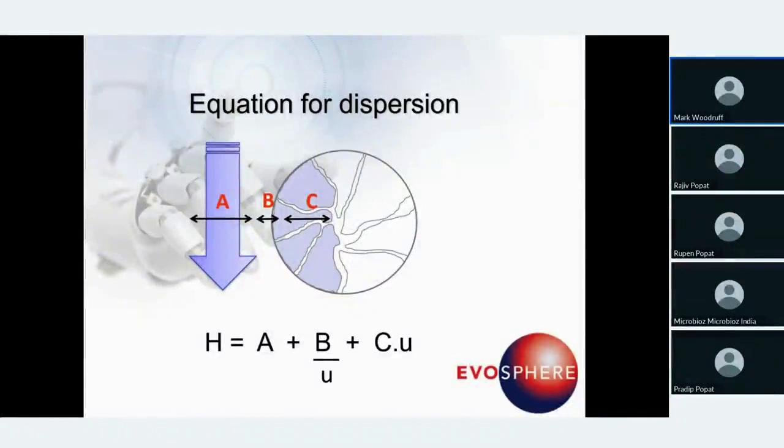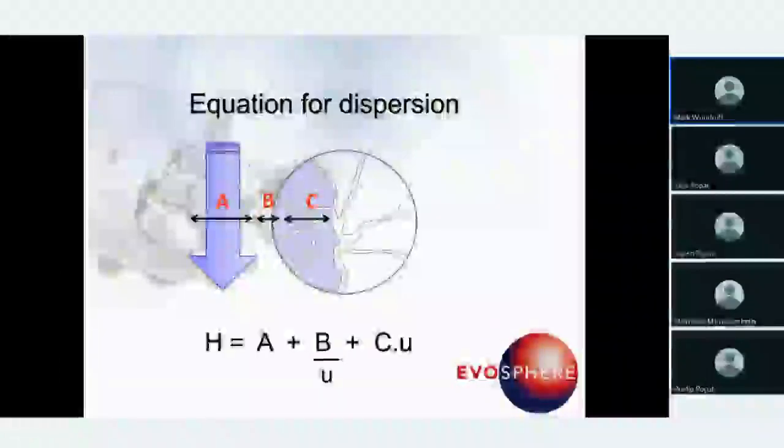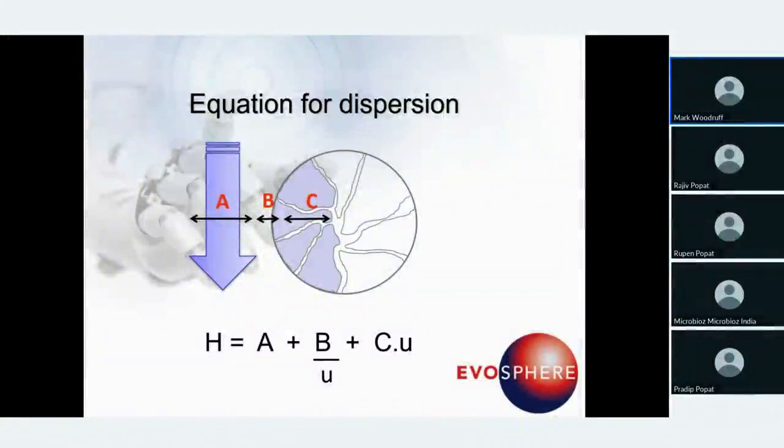These monodispersed particles are now significantly impacting the A term, the eddy diffusion through the column. Because they're monodispersed, the flow path is a lot better for your analytes and for your mobile phase, and therefore you don't lose the loadability and scaling, but you do gain these very, very high efficiencies.